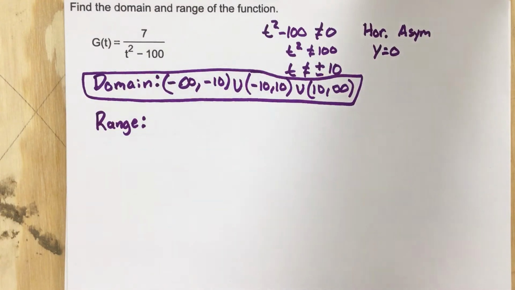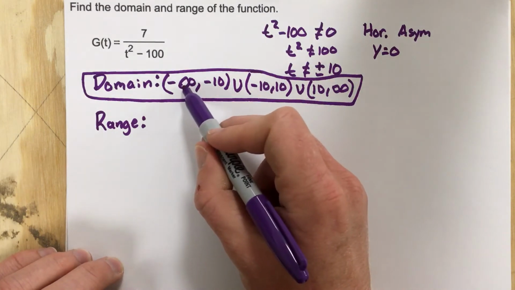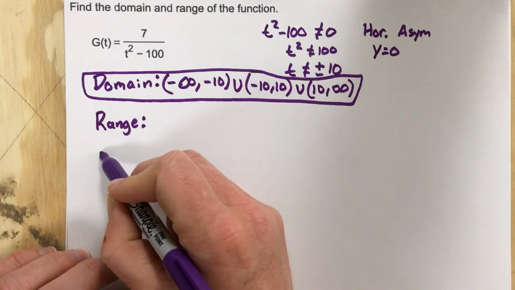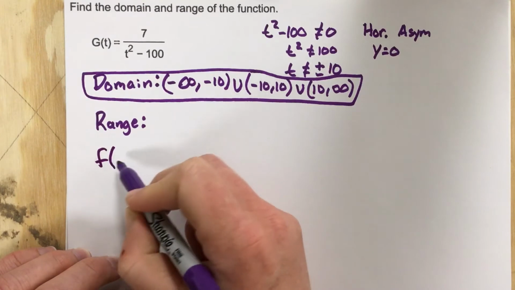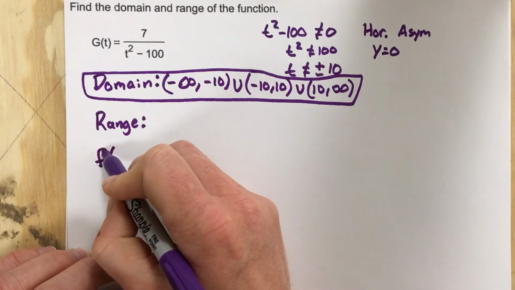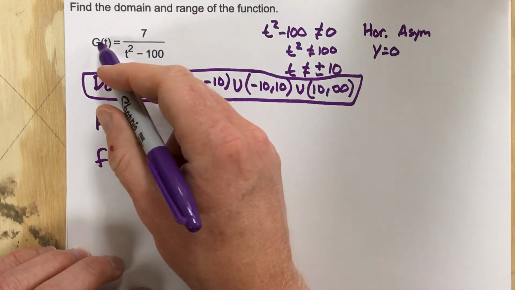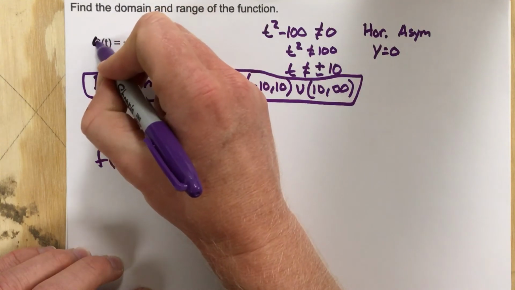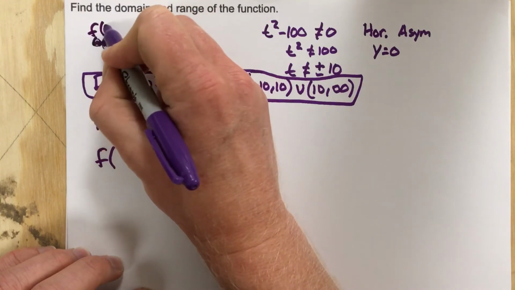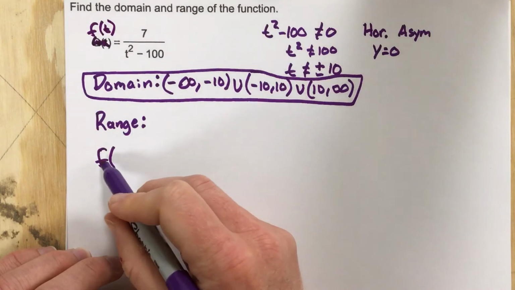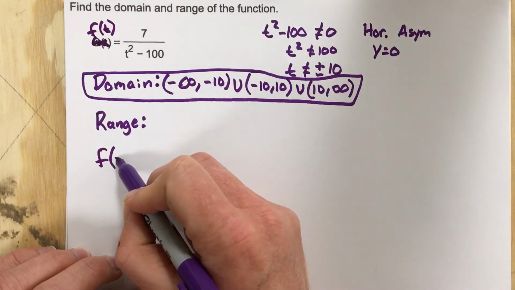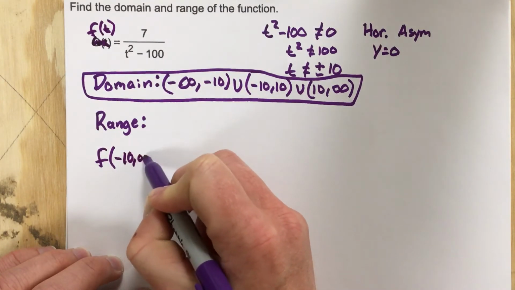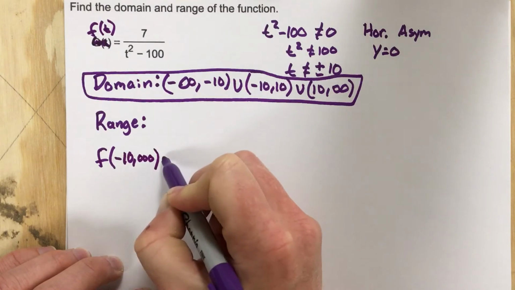What I like to do to find the range is pick some numbers that are really small. I'll just change this to f of t. So I'm taking the function and plugging in, let's say, negative 10,000, to see what that number gives me.